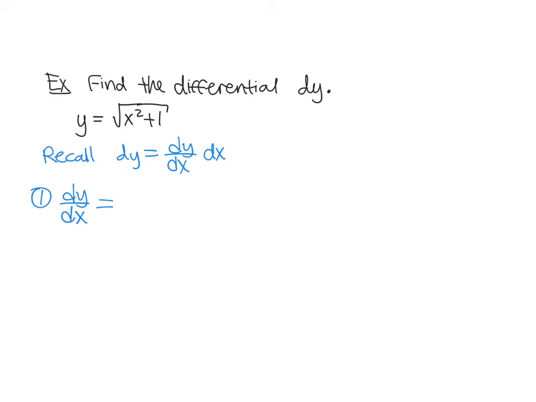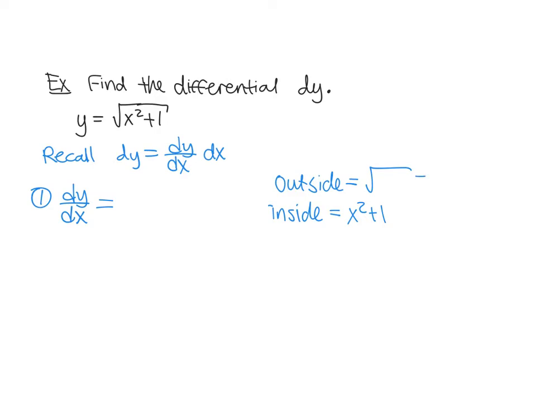Luckily we have y by itself, so we can just take the derivative like normal instead of using implicit differentiation. However, we have to use the chain rule. The outside function is the square root, and the inside function is x squared plus 1.